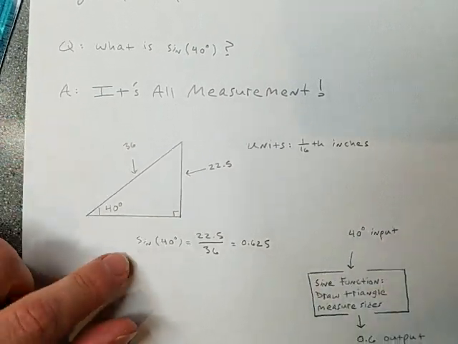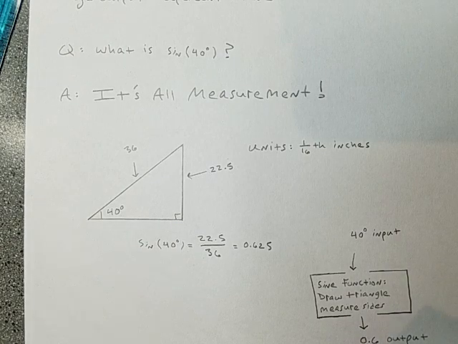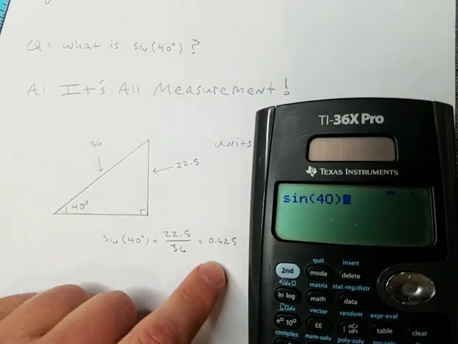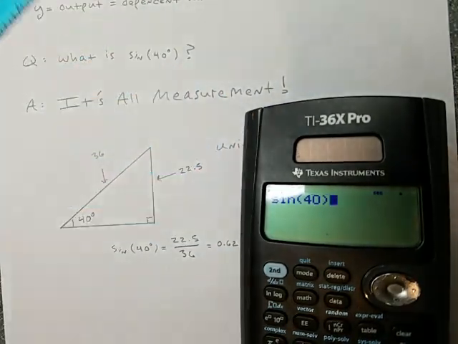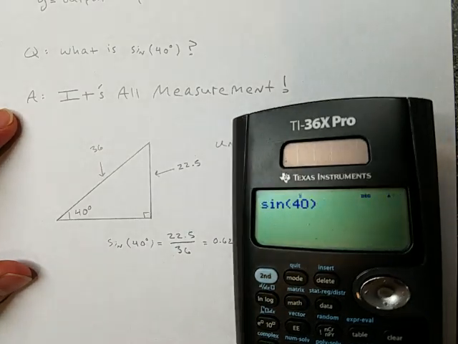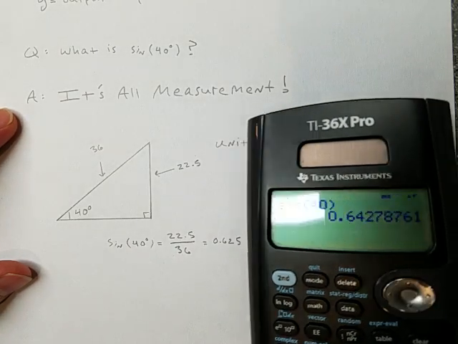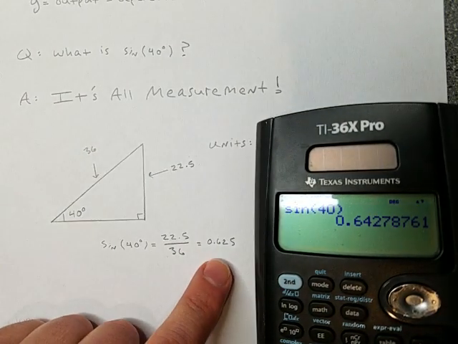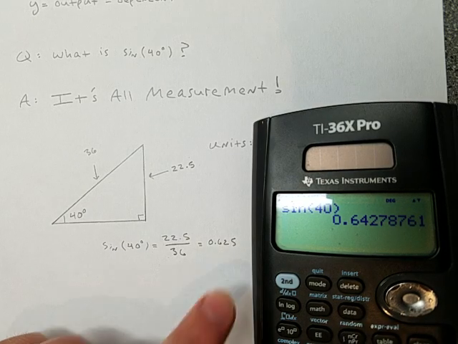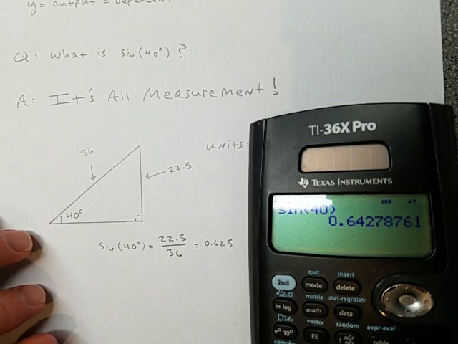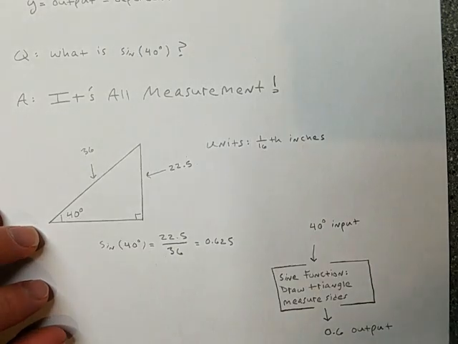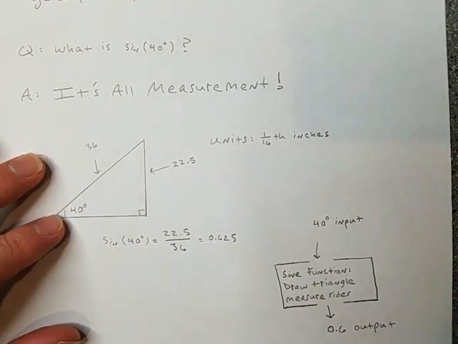So here I did this the old-fashioned way, you could say. And so I'm going to type in sine of 40 and see how close I got doing it with just a plastic protractor and ruler. So sine 40 degrees, 0.642. I got pretty close. I got within 2 parts out of 100. You might not be impressed with that, but I guess I'm feeling pretty good about myself at the moment. So yeah, that's how it's done.